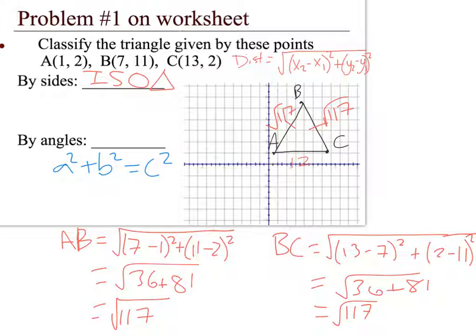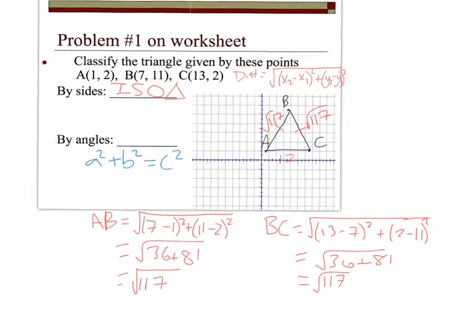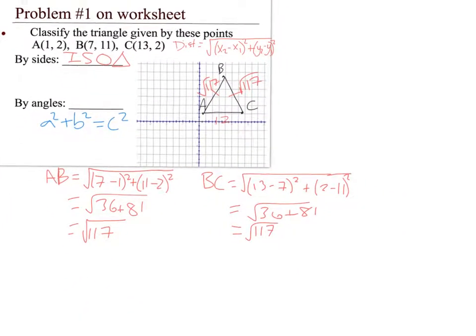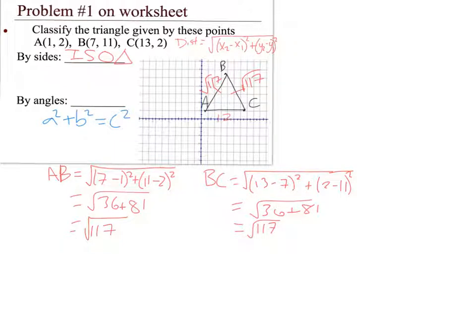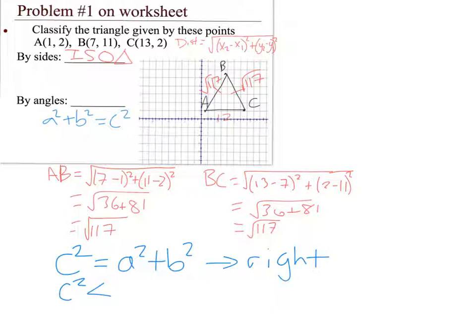I'm going to need to move some of this stuff and tuck it away so we have a little bit more room to work. Okay, so this is called the Pythagorean Corollary, and what it looks like is this. I like to rearrange my Pythagorean: c squared, I'll leave a little space, a squared plus b squared. Now, if that c squared is equal, then it's a right triangle. If that c squared is less than a squared plus b squared, then it's acute.